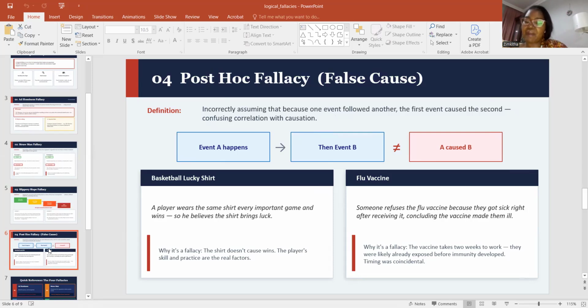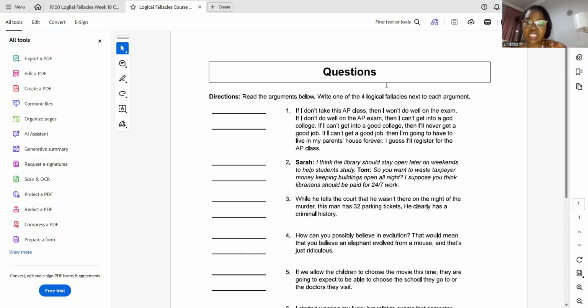So the bigger thing about logical fallacies is being able to spot them. You need to be able to see them, identify them, and also explain why that is a fallacy. All right. So what I think we're going to do is look at your course readers on page 85. This is what's in your course readers on page 85.